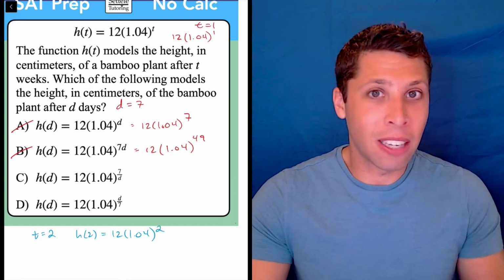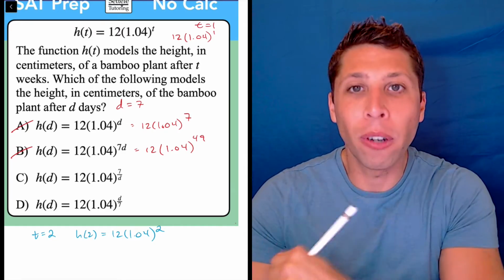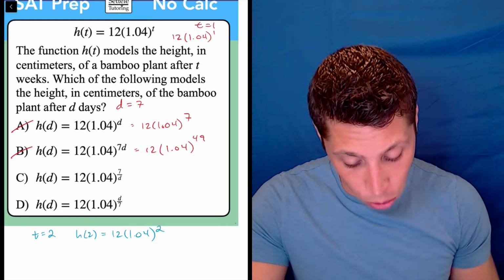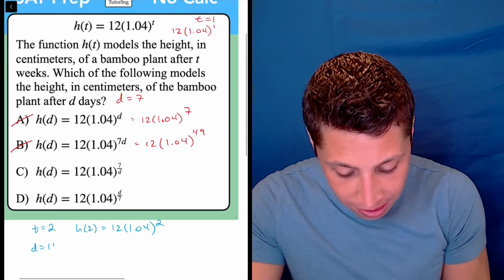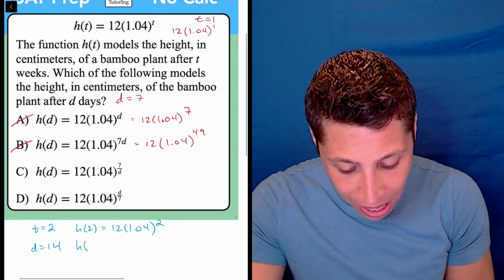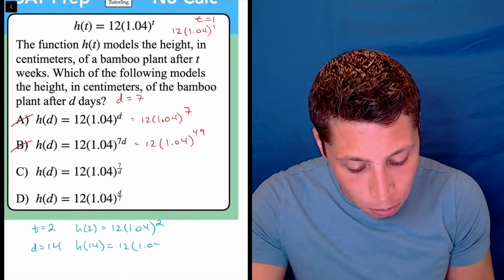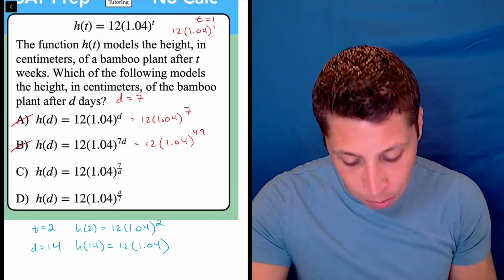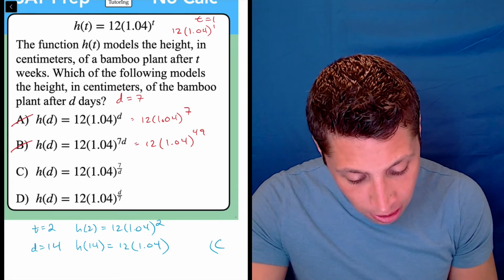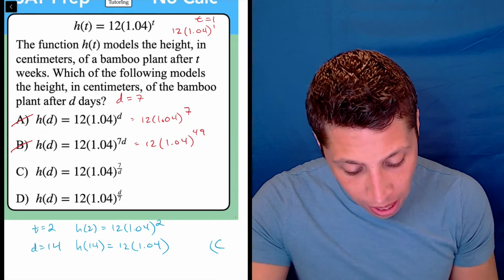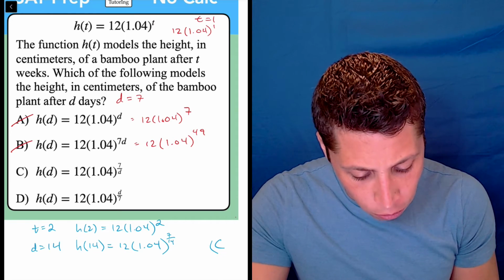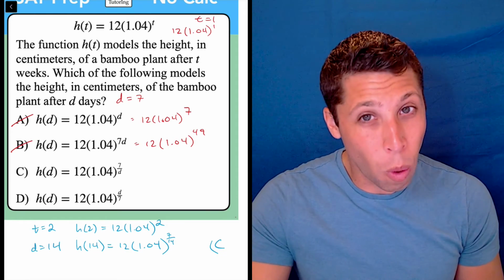Now again, this is a convenient number because we want to pick a number of days that's going to be the same as 2 weeks. So that would be t is equal to 14. So h of 14 in this case for choices C and D should be 1.04 also squared. But let's try choice C. What happens if we do that? We get 7 over 14, which is 1/2, right?